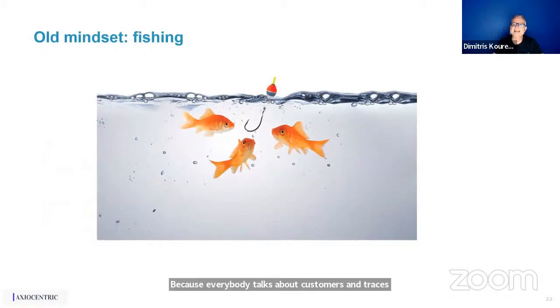We have the DNA of considering customers like fishes, or like, I don't know, a prey that we try to get. So the old mindset is try to go to the mass market and fish where the fishes are, and get the customers, get our profit, goodbye, see you never, probably.